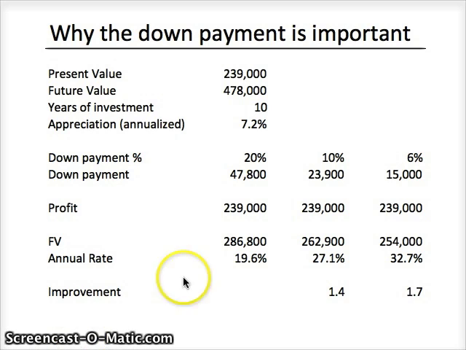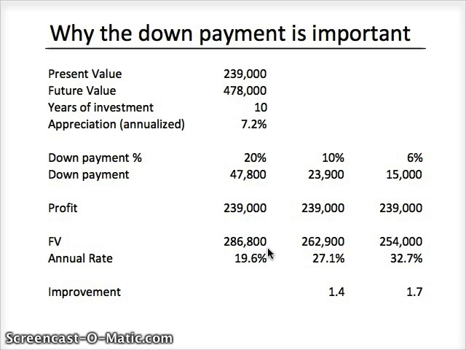For the profit, we would see $239,000, which is the difference between the future value of the house and the present value. So the future value of our investment is going to be the combination of the down payment and our profit. So for this example, the 20% down, we would have taken our $47,800.